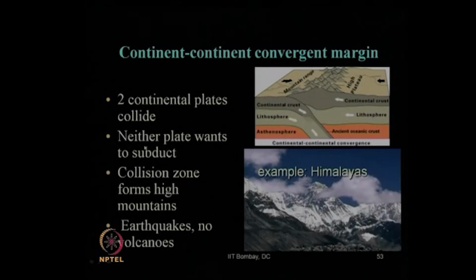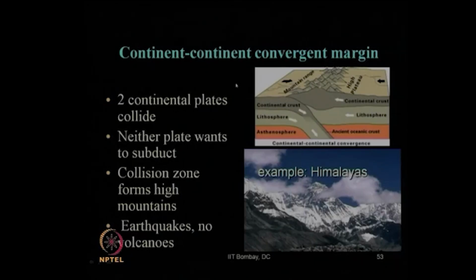Then in this case what happens, neither plate wants to subduct, but finally one has to get subducted, whichever is the higher density or weaker one. So, a collision zone forms and high mountains are getting formed. So, two plates are colliding, high mountains are getting formed in this case.